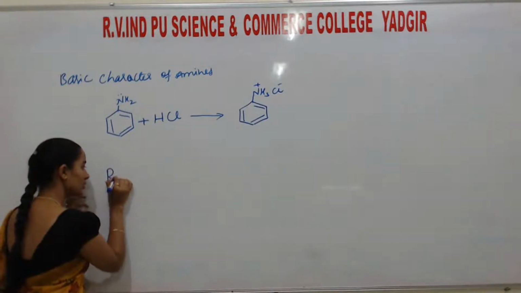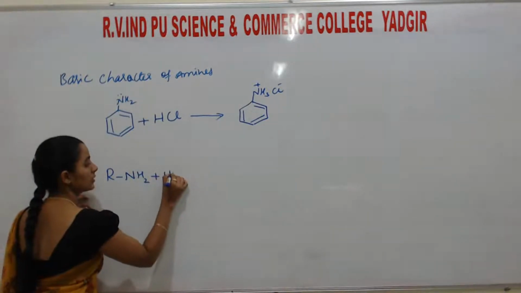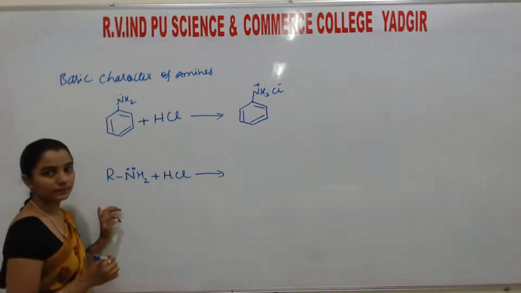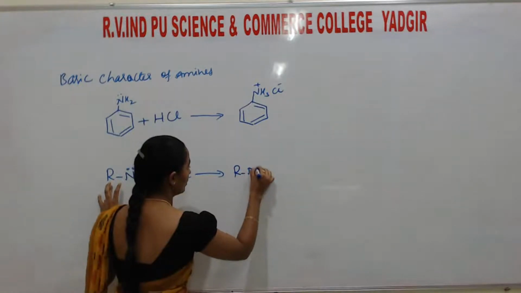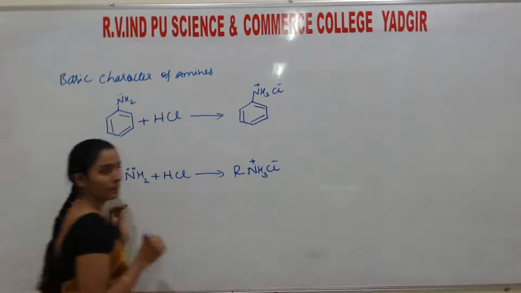Next, you consider RNH2 plus HCl. Here lone pair electrons are there. Then it forms RNH3 plus Cl minus.